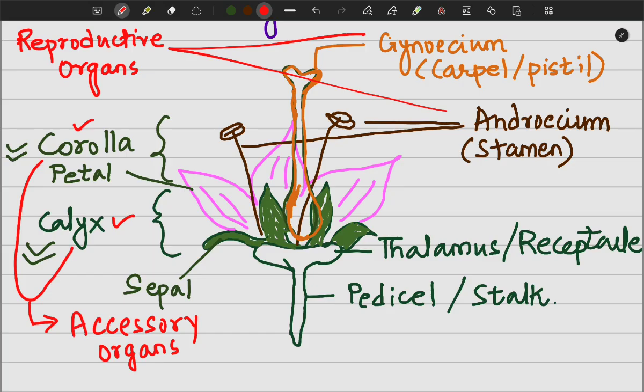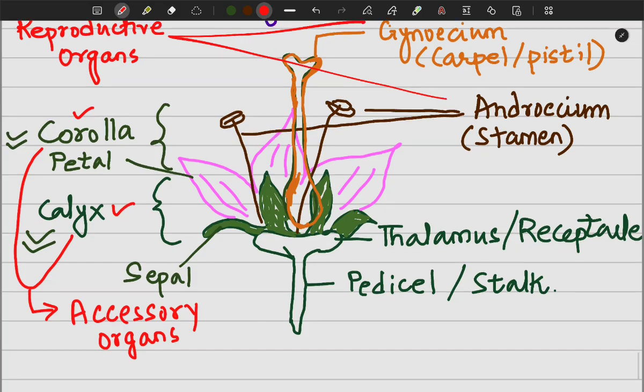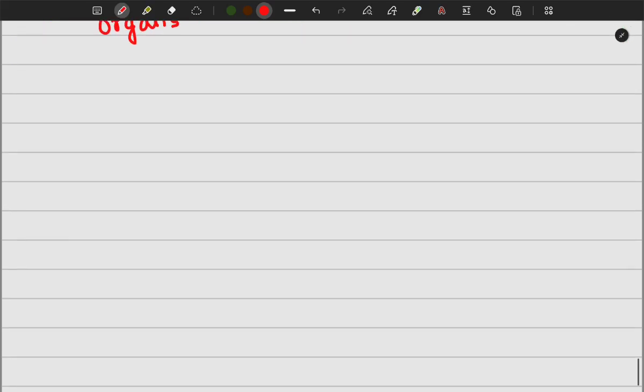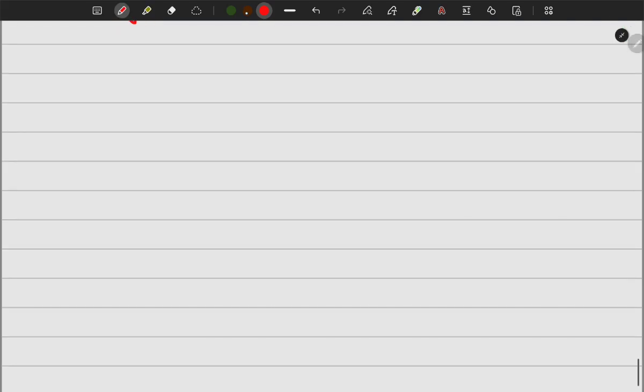Now let us look deeply into the structure of a stamen and carpel. So if we talk about a single stamen, it looks like this. The stamen has 2 parts.